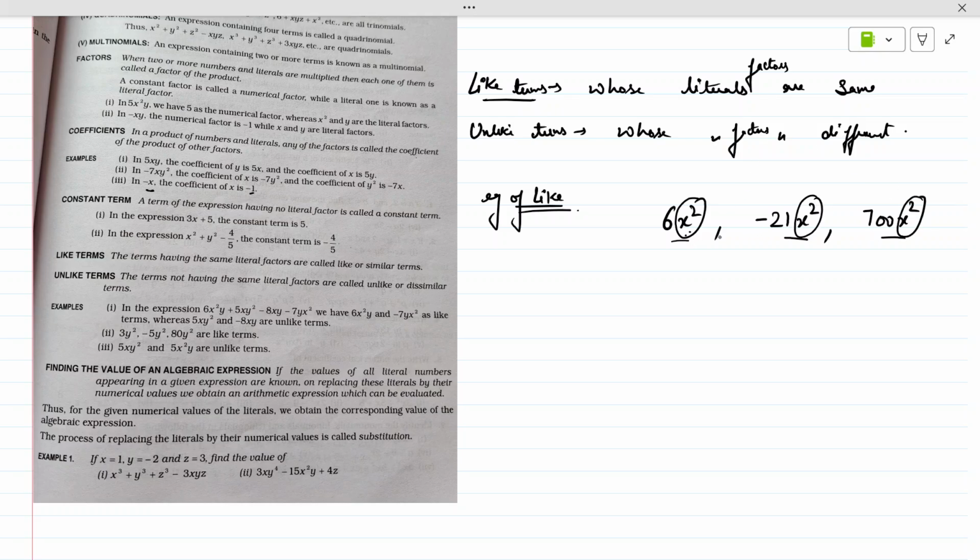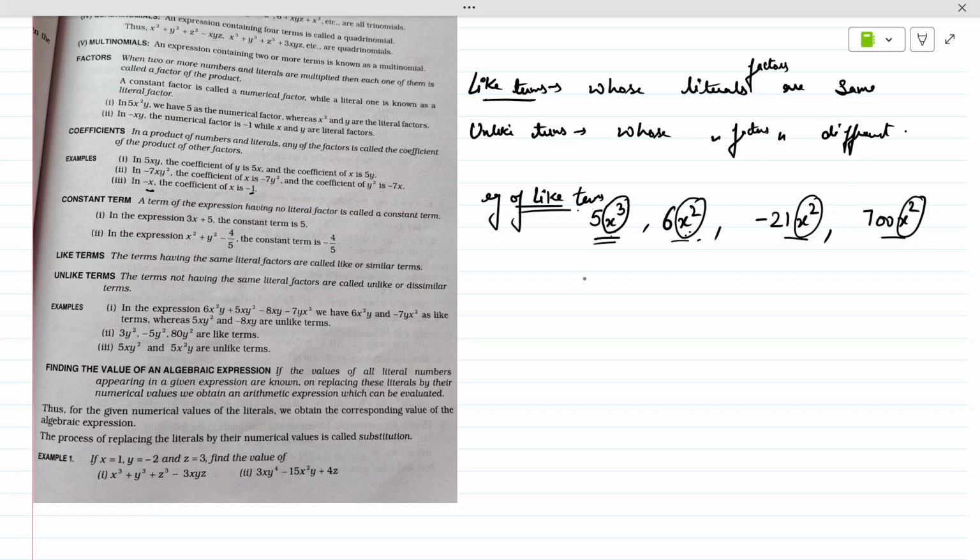So since the literal factors are same, these are called like terms. Now let's say I am adding one more term to it, 5x cube. When I add 5x cube in the sequence, this will be an unlike term. Why? Because now the literal factors are different. We have x cube here, but in the other terms we had x square. So that means like terms are the ones whose literal factors are same.